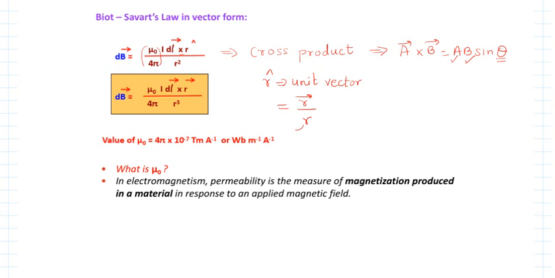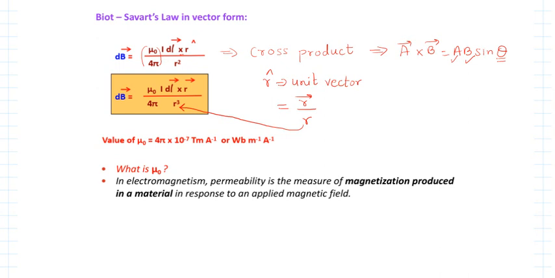So one additional r is added over here and the denominator becomes r cube. In the numerator you can see dl bar cross r bar. Whenever you write the vector form, you will write r cube in the denominator and there will be no sine theta into picture because we are writing the vector notation.